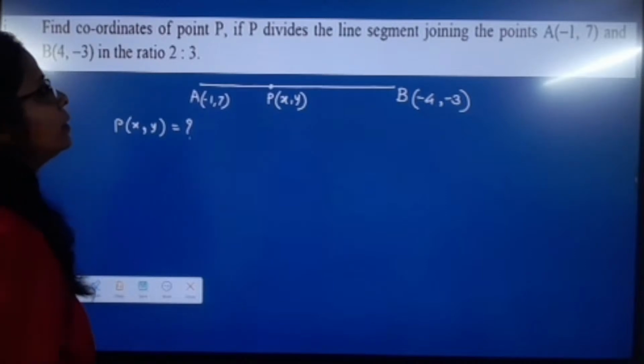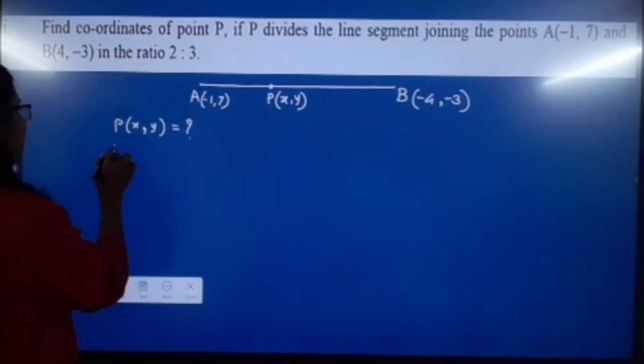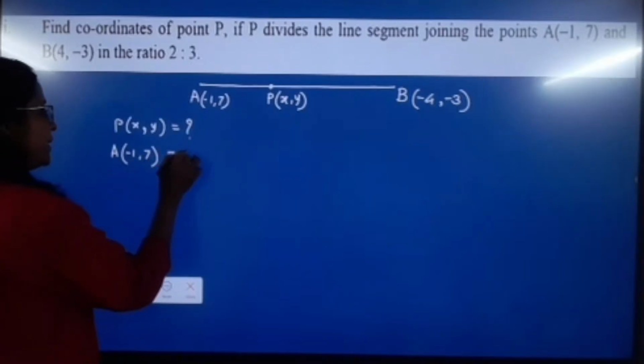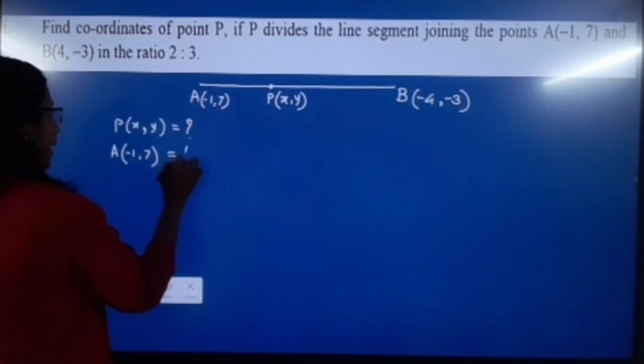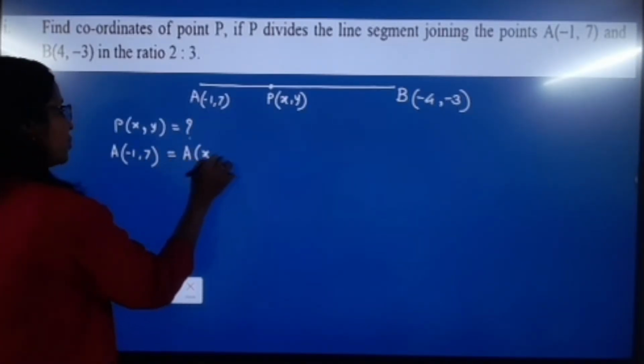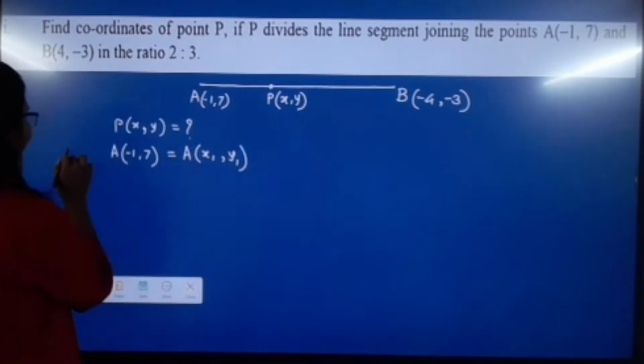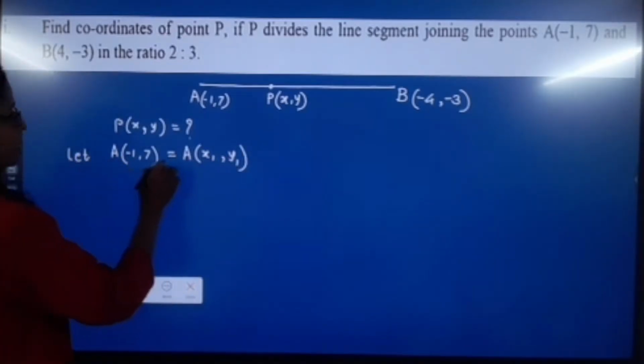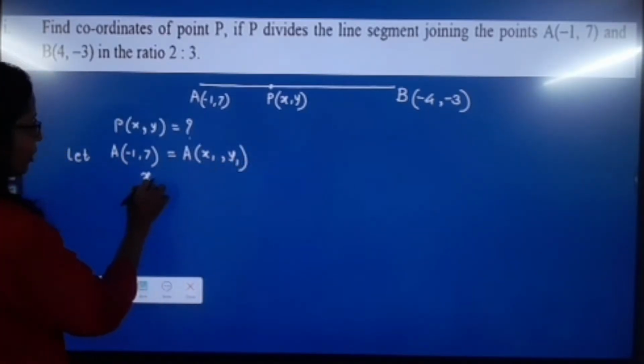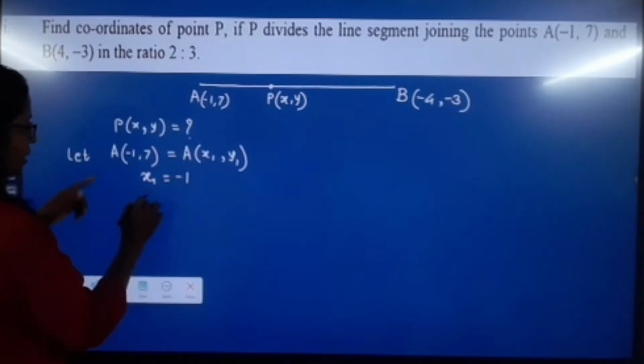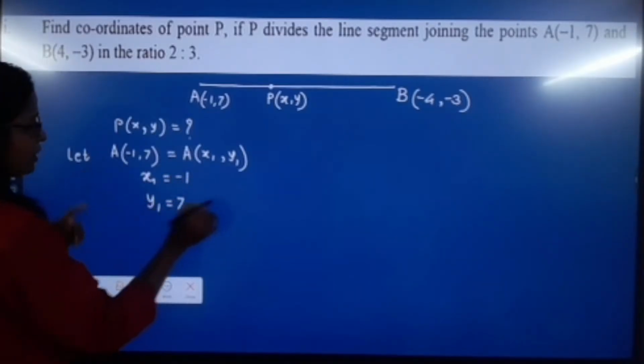Okay, then here A, the first point (-1, 7), consider as (x1, y1), so x1 is equal to -1 and y1 is equal to 7.